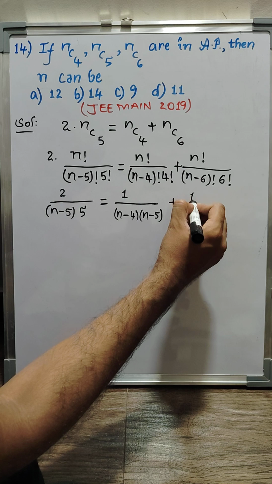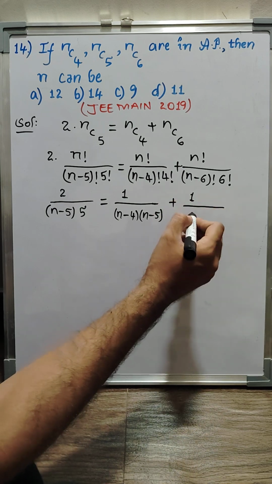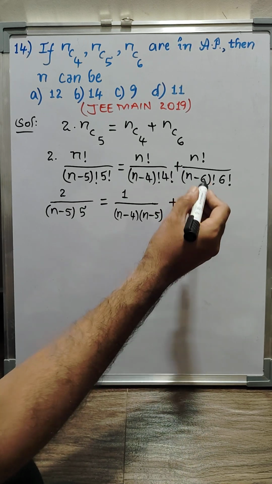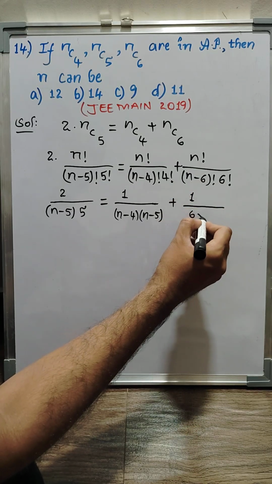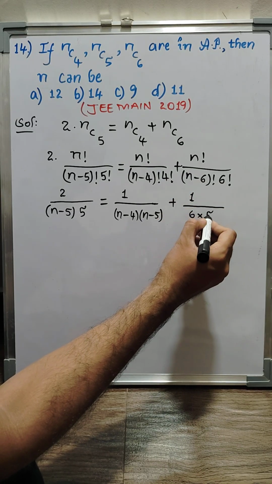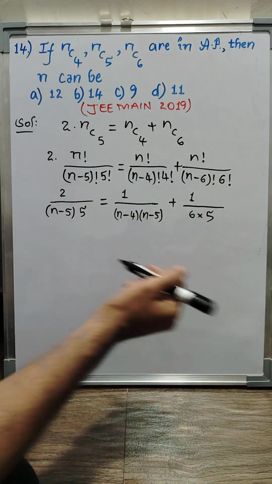So in the numerator of this second term we have 1, denominator (n minus 6) factorial gone. So here 6 into 5 we can write, as 4 factorial is common.